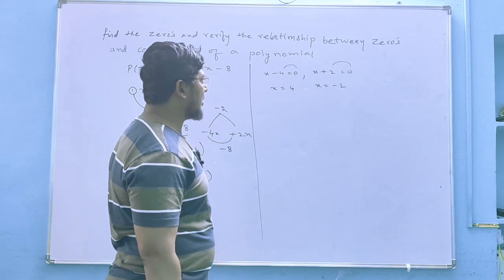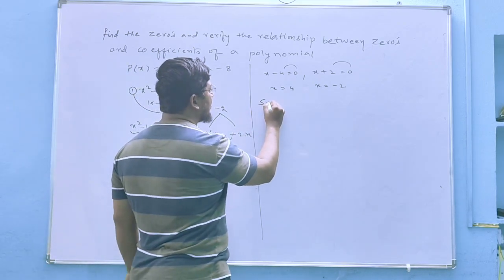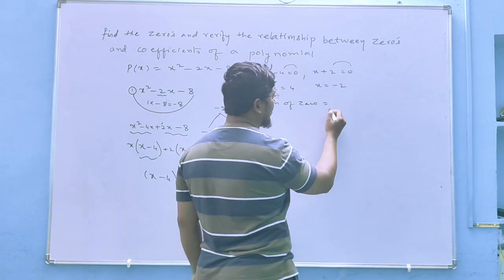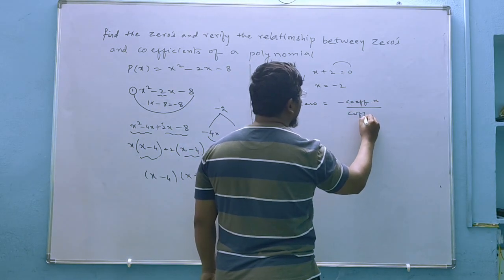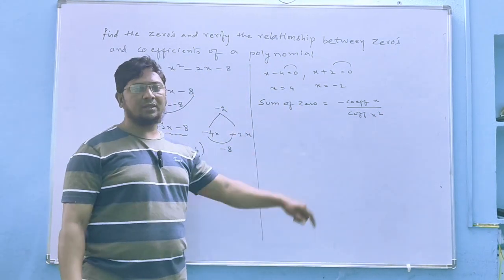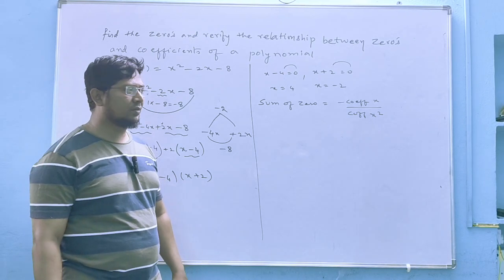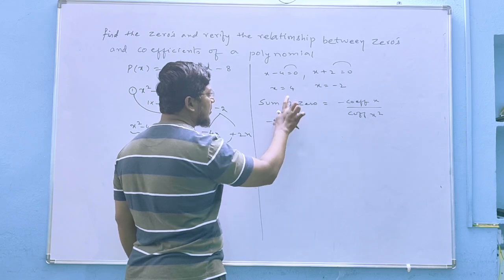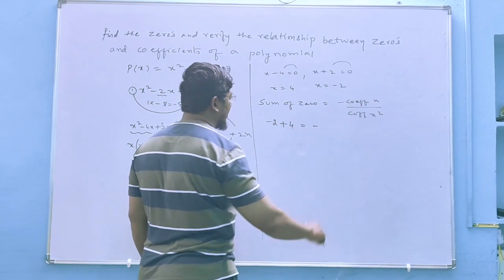So how to verify the relationship? The first one, student, we have to find the sum of zeros. We have a formula: sum of zeros is equal to minus coefficient of x upon coefficient of x square. Sum means we have to add these two, minus 2 plus 4 is equal to minus coefficient of x.